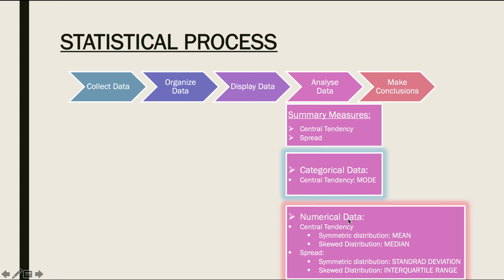If you're talking about numerical data, for central tendency, if it's a symmetric distribution, it's the mean. If it's a skewed distribution, you use the median. In terms of spread, if it's a symmetric distribution, you use the standard deviation. And if it's a skewed distribution, you use the interquartile range.